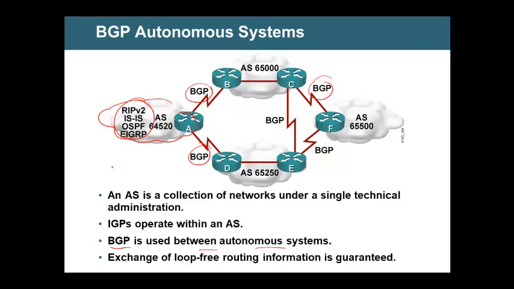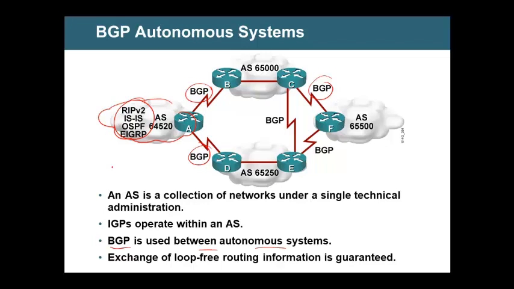Any protocol you take: OSPF, the router ID is there to prevent loops. EIGRP, the diffusing update algorithm is there to prevent loops.